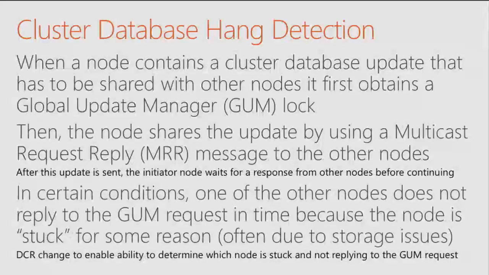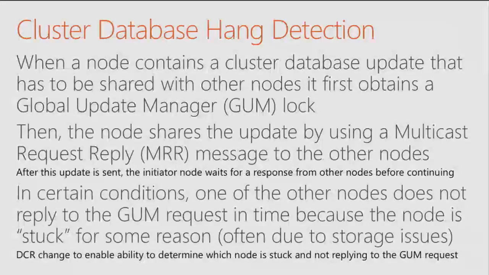So when one of the nodes has to make an update to that database, it calls into a cluster component called the Global Update Manager, and it puts a lock on the database so that it can write the updates. And then after it locks the database and writes the updates, it sends out a multicast reply to all the other nodes to say, hey, go look at this database, and acknowledge that you received it and that you agree with it so that we can all agree on what's happening in this cluster.